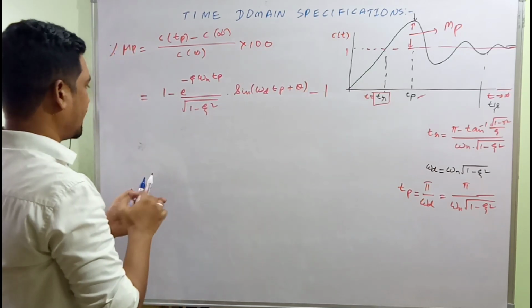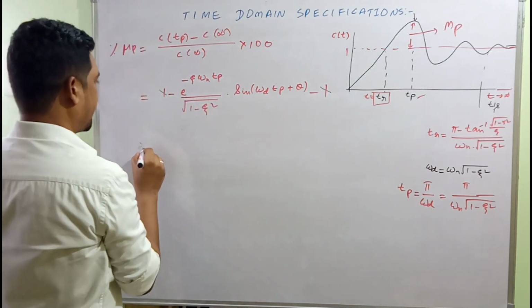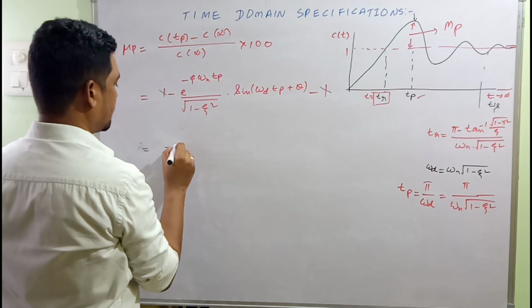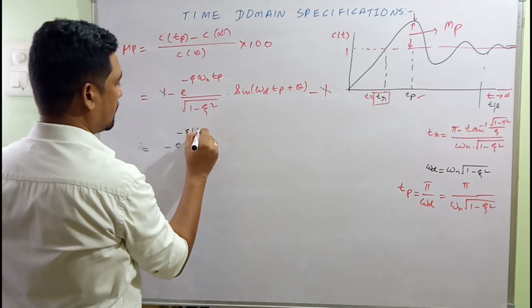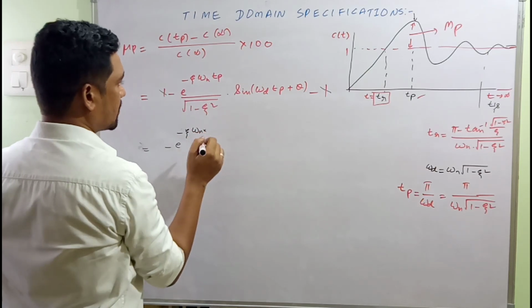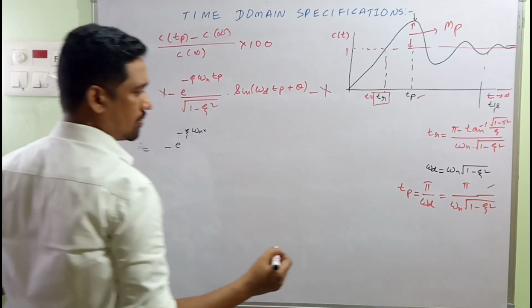In this case, guys, this positive 1 and negative 1 get cancelled. We are left with minus of e raised to minus zeta omega n, and this Tp could be substituted with the Tp which we have evaluated just now, the peak time.